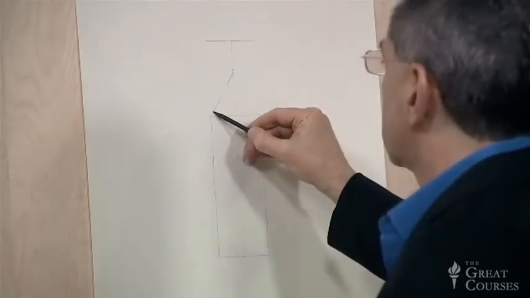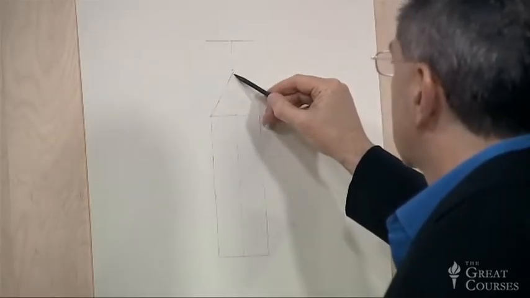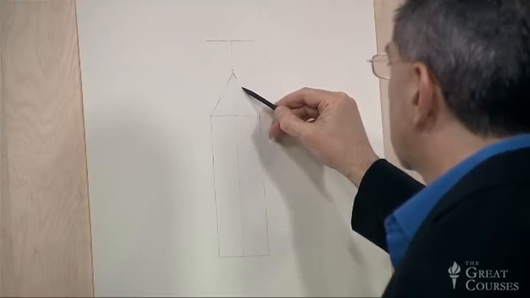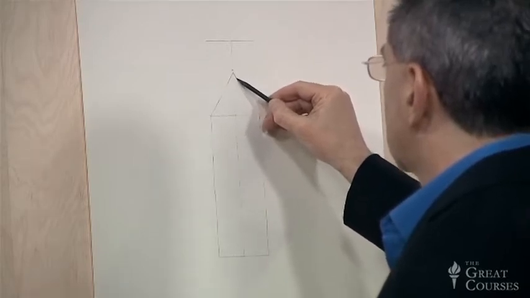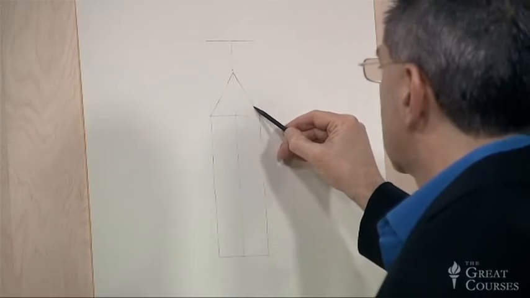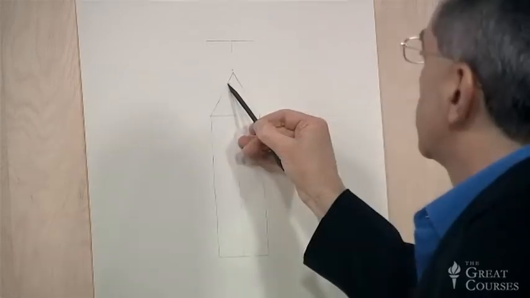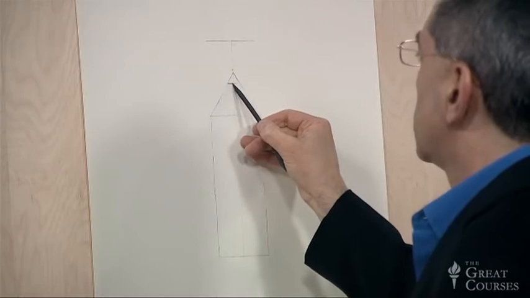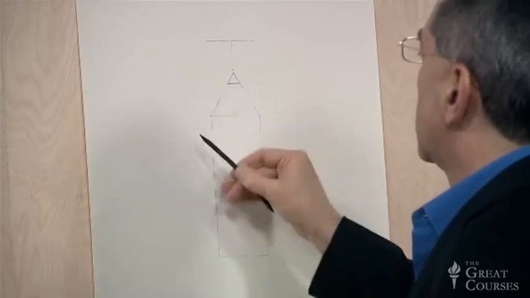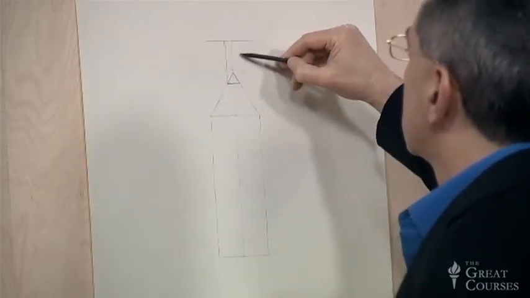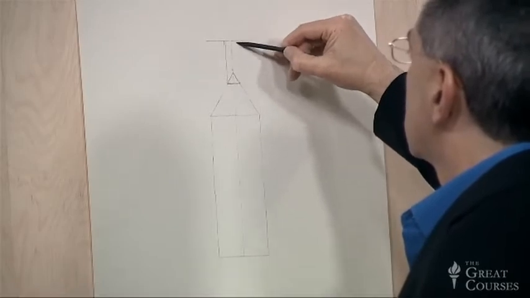Then our next shape will be a triangle for the shoulders. And then we'll take that and turn it into a trapezoid and make a rectangle for our neck.